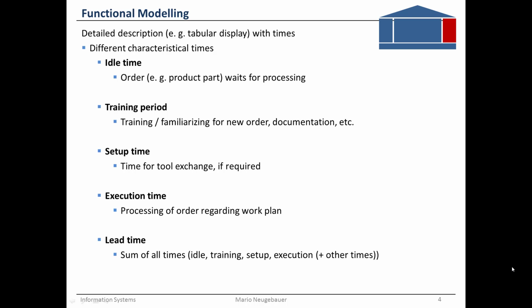A second characteristic time, which is important in the production, might be the training period. Training period, if you see that, for instance, you have a series of products, or a series of one product, and you would first do some accommodation to the production of this particular product, and this would then mean that you are in the training of the new product, of the new order, and you have a training period.